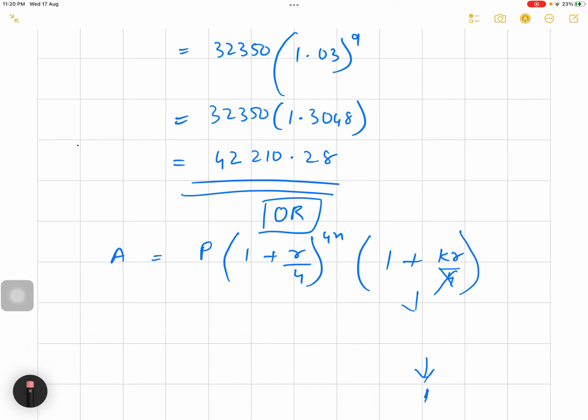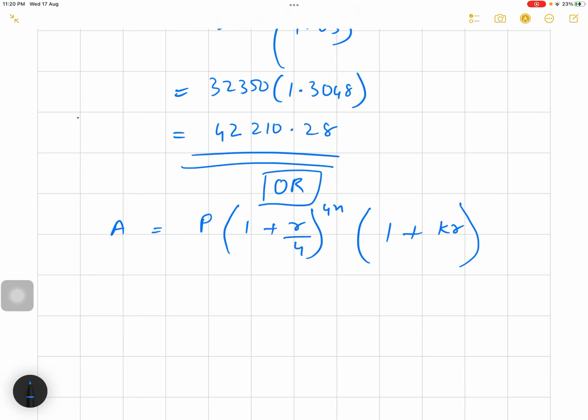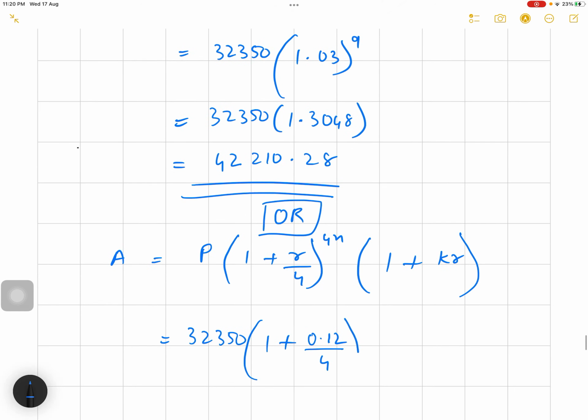So let's calculate. Let's see if we get the same answer. P is 32,350. 1 plus R is 0.12, divided by 4, raised to 4 into 2, because 2 years.